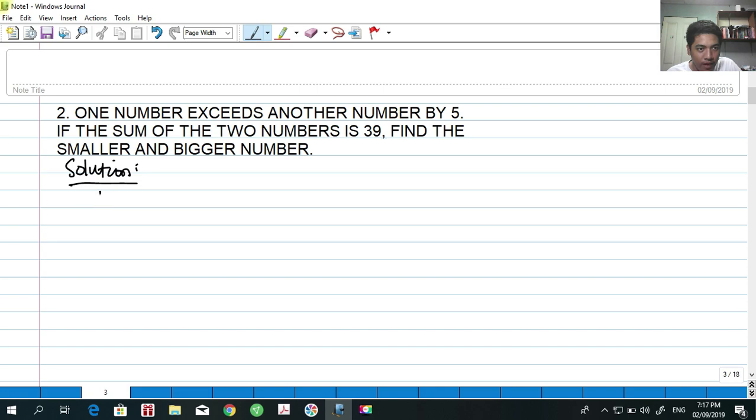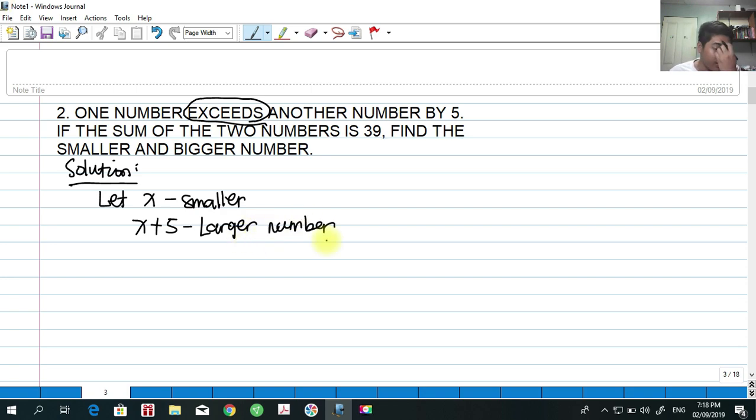So if we let x be the smaller number, there is another number which exceeds this smaller number by 5. If it exceeds another number, it means we have to add 5 to the smaller number, so x plus 5. This is now our larger number.